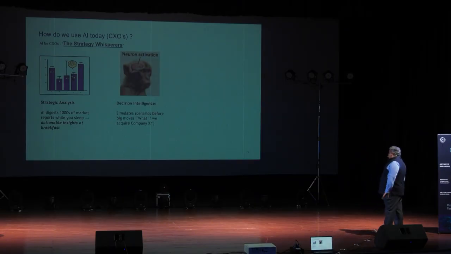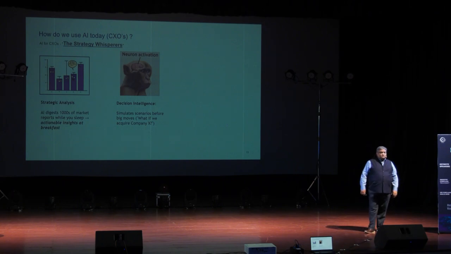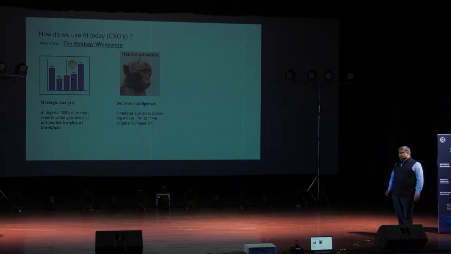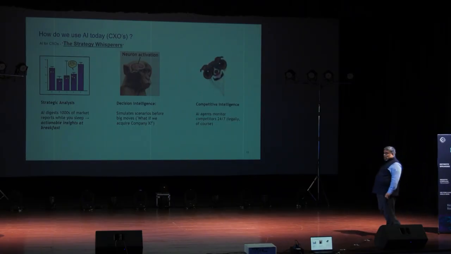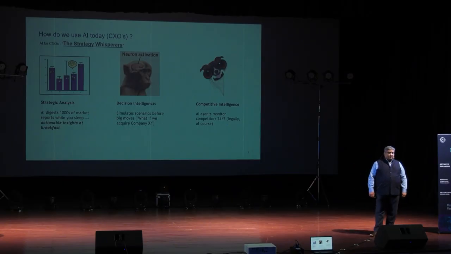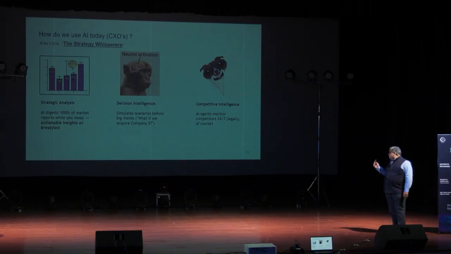It can create decision intelligence. It can simulate what-if scenarios. If you're doing a merger, an acquisition, any decision you are taking, all that can be done using AI. It also does competitive intelligence using AI agents, monitoring 24/7, definitely with all ethical practices, monitoring the internet and your competition, how it's working. These are very common use cases that people are exploring for top management.